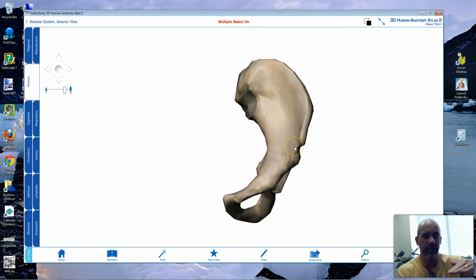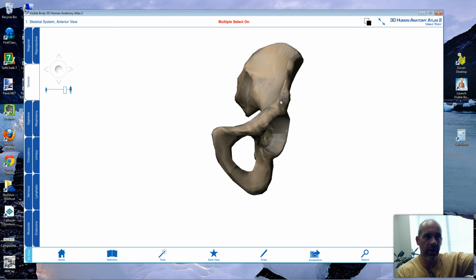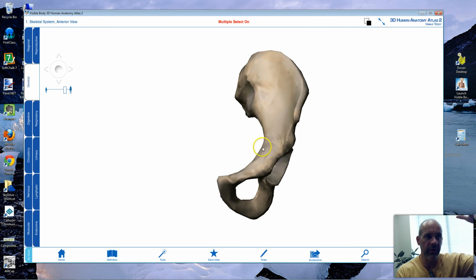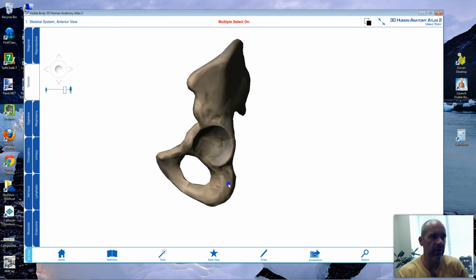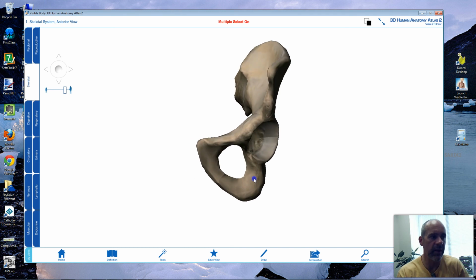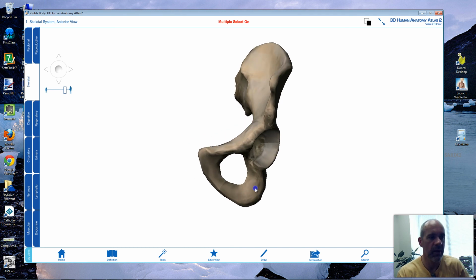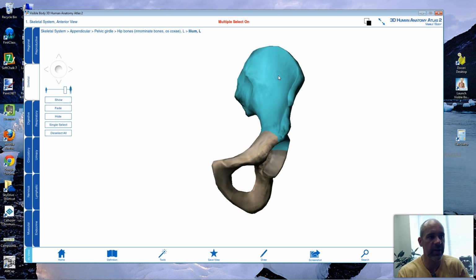Ilium actually is up, superior, but it also curves around in a posterior direction. So it's not too hard to orient these once you get used to handling them. And this would also tell you that this is a left os coxae, because the acetabulum is going to be on the lateral side.